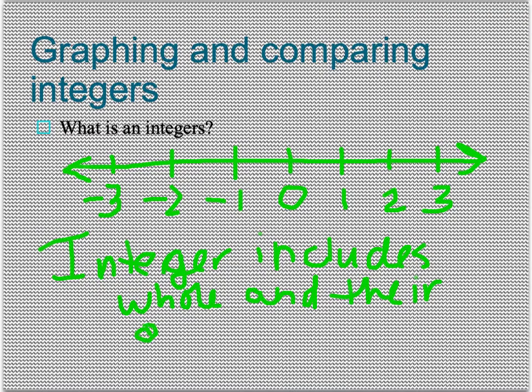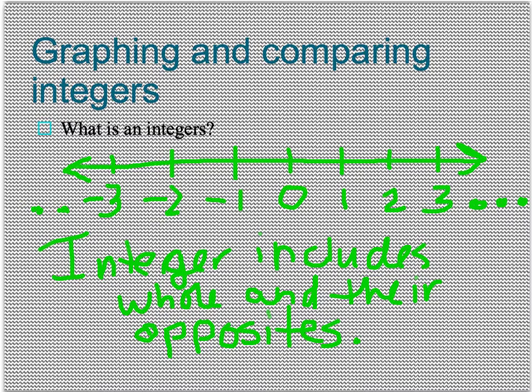And by opposite, I mean they are the same distance from 0, but on the opposite side of the whole numbers. So our whole numbers go on and on and on in this direction. Our integers go on and on in that direction, but also they go on and on in the negative direction.